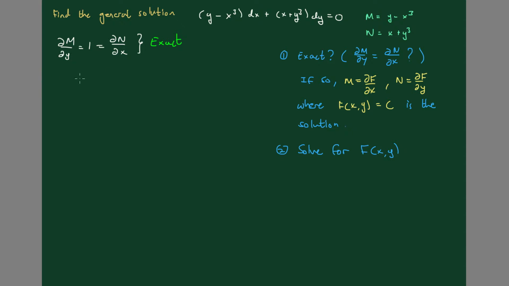So now that we know that it's exact, before solving for f(x,y), we know that M must equal df/dx and N equals df/dy. So in order to solve for f(x,y), we can pick either one of these functions to solve for f.